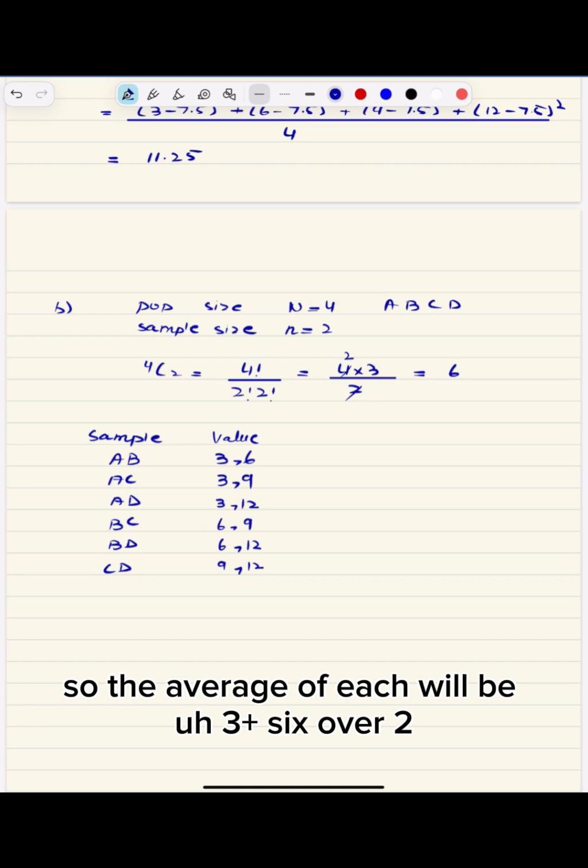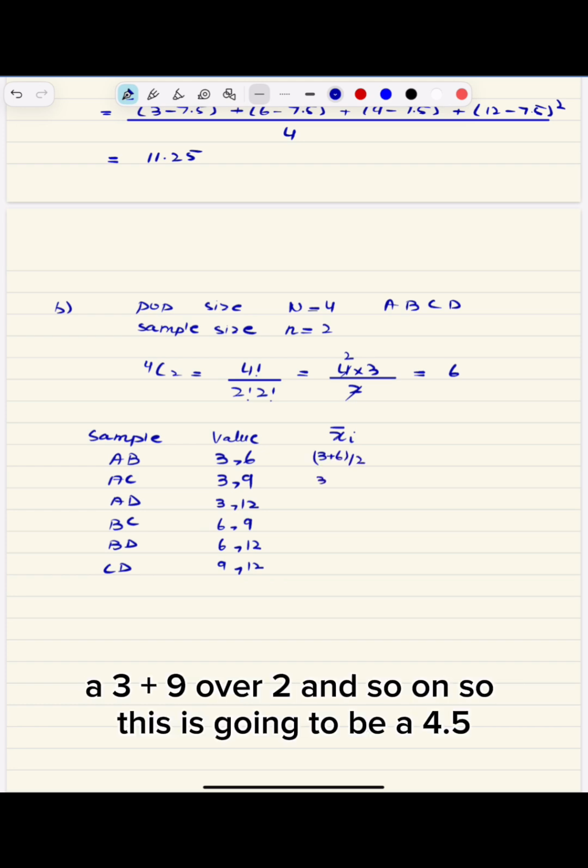So the average of each will be 3 plus 6 over 2, 3 plus 9 over 2, and so on.